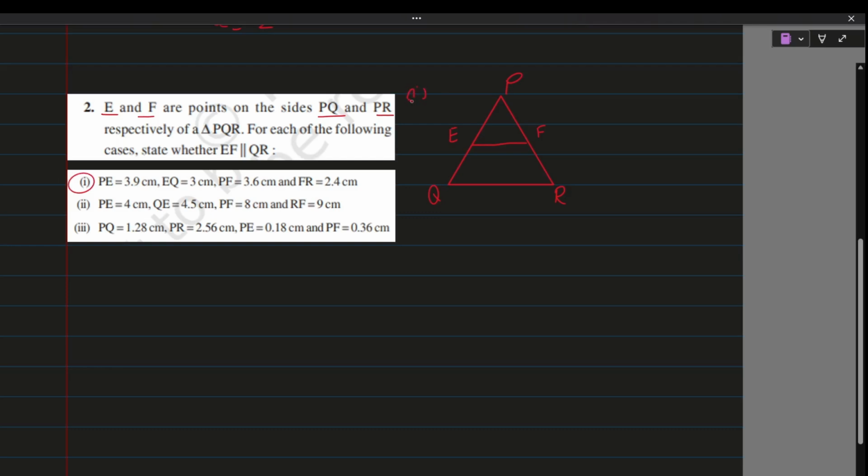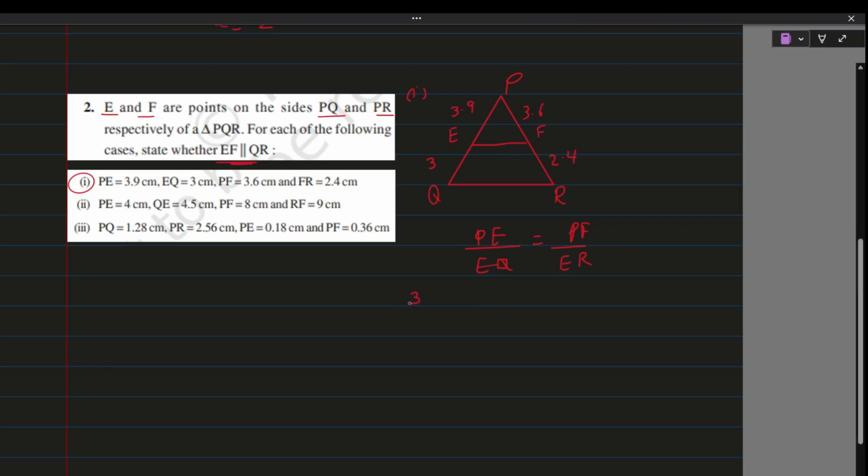PE is 3.9 centimeters, EQ is 3, PF is 3.6 and FR is 2.4 centimeters. We have to check if EF is parallel to QR or not. To check this, we will use the converse of BPT. The converse of BPT means if we prove that PE by EQ is equal to PF by FR, then by the converse of BPT theorem we can say that the lines EF and QR are parallel to each other.